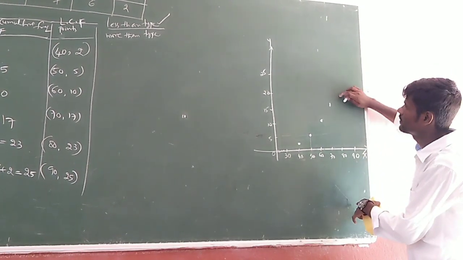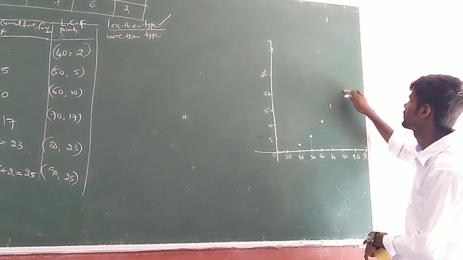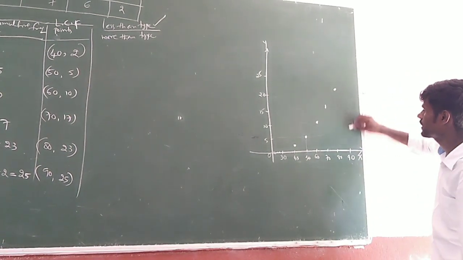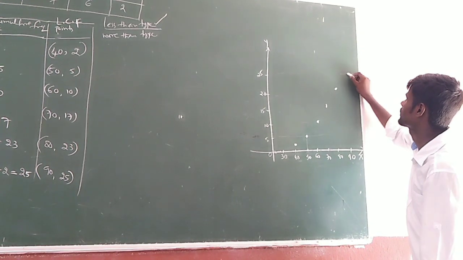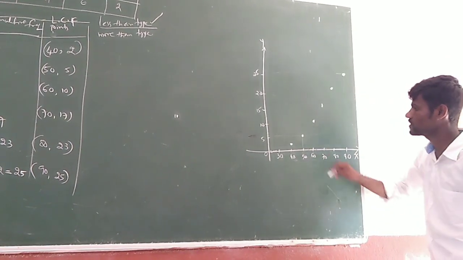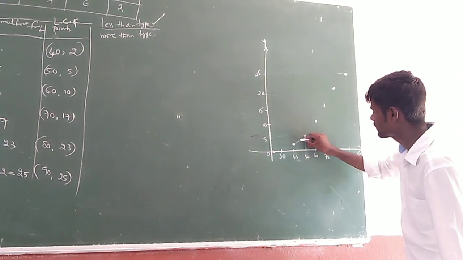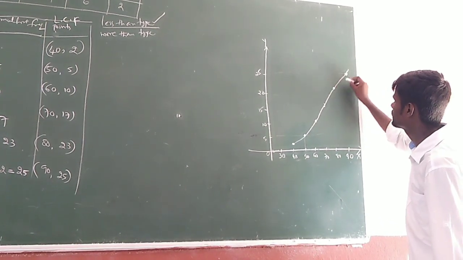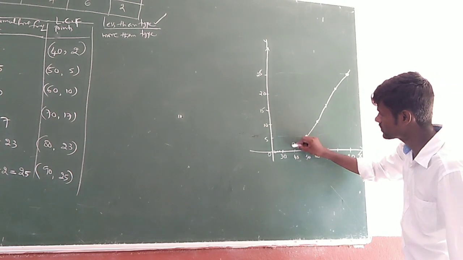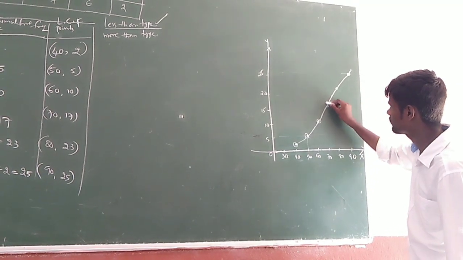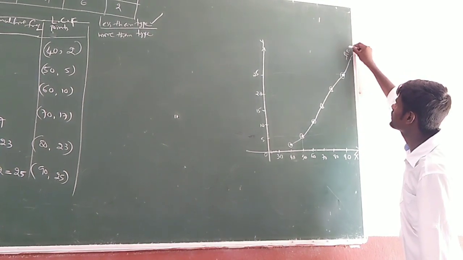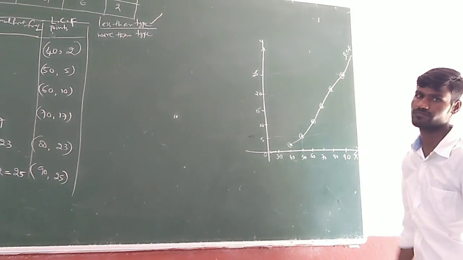Next, 90, comma 25. Okay, if you join all of these, you will get this curve. We can take some circles also, no problem. So this is the LCF curve, the less than type cumulative frequency curve.